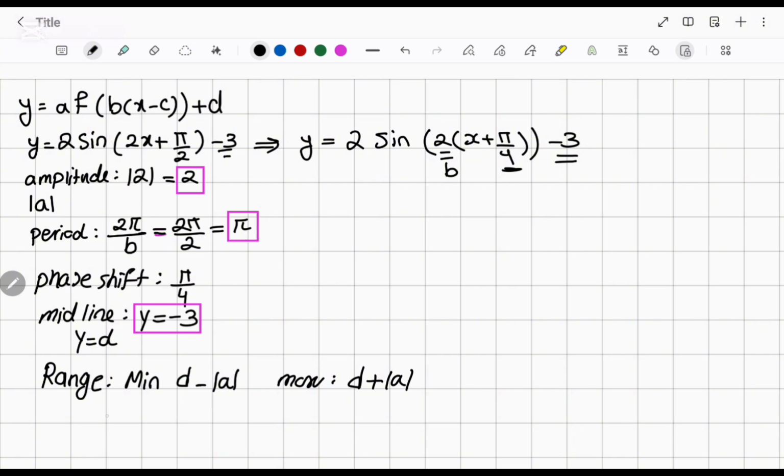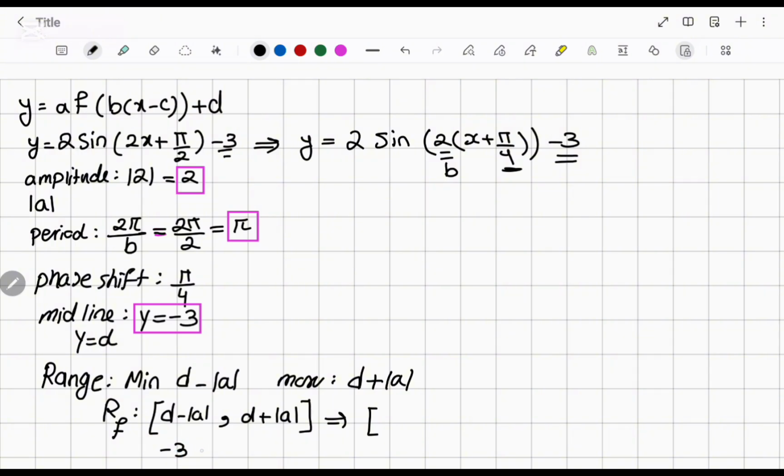So the range of the function is going to be from d minus a to d plus a. In this example, the d that we have is -3. So let's find the minimum.